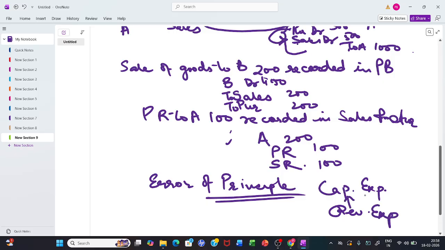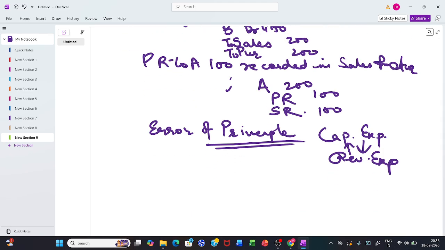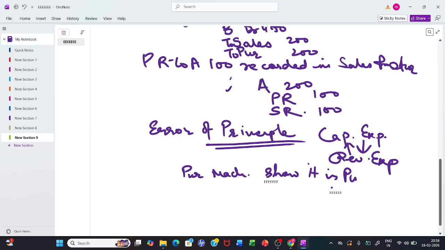If capital is treated like revenue, or revenue is treated like capital, that is one possibility. A second conceptual error could be when I purchase a machine, my fixed asset, and show it in the purchase book. I consider it as my purchases, that's why I'm showing it there.